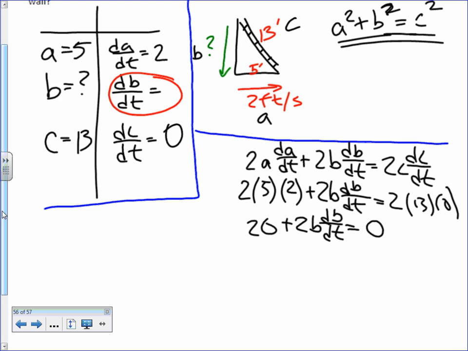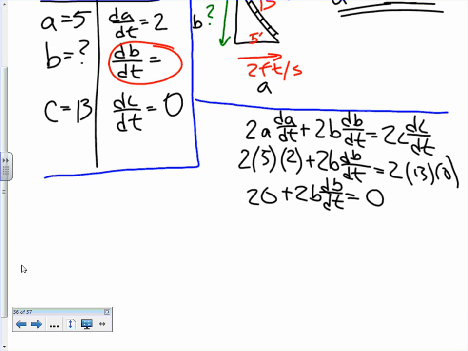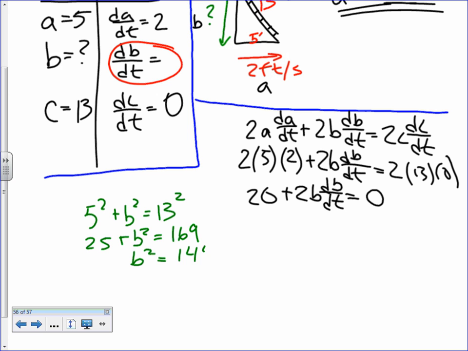So let's go ahead and do this. I'm going to do this off on the side here. So we've got 5 squared plus b squared equals 13 squared. So that's 25 plus b squared equals 169. So that's b squared equals 144. So b equals 12.